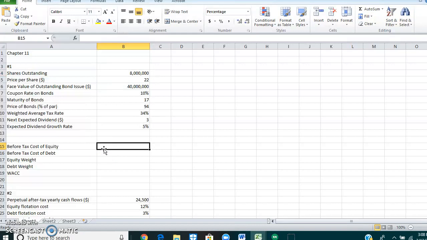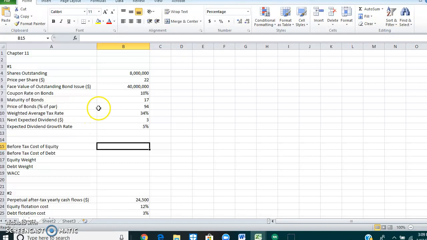So our task, we have 2 problems, both of which are to figure weighted average cost of capital based on the information that we've been given. And we're given 2 different sets of information, so we have 2 different methods. This may bleed into 2 videos, I'm not sure, but I'm going to try to get it all wrapped up within 15 minutes.